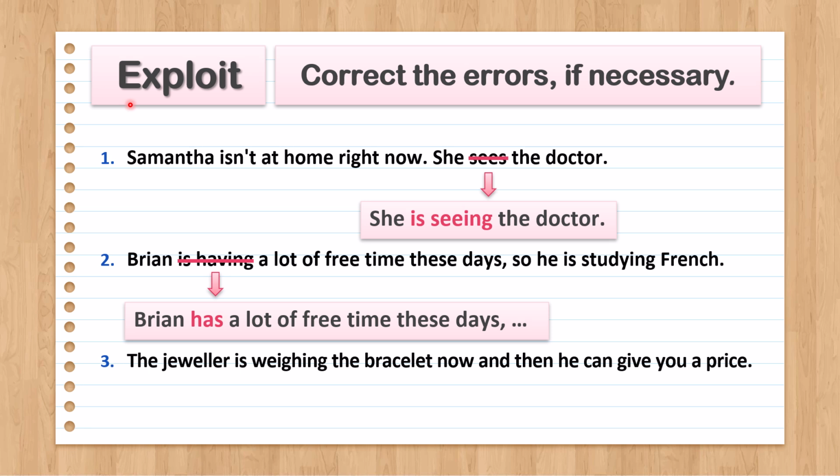Number 3, the jeweler is weighing the bracelet now and then he can give you a price. This sentence is already correct. Weighing is a physical action right here happening now, so the present continuous is okay.